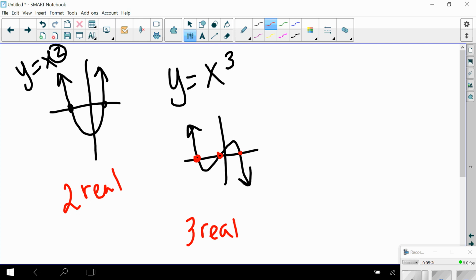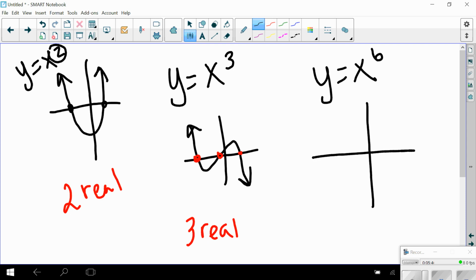Okay, let's look at a crazy one. Let's look at a sixth root. As I draw this, I should be able to use my mind, not my calculator, but I know that a sixth root is going to have end behaviors going in the same direction. I should have 5 turning points. And if I'm going to do real solutions, it should touch the x-axis 6 times.